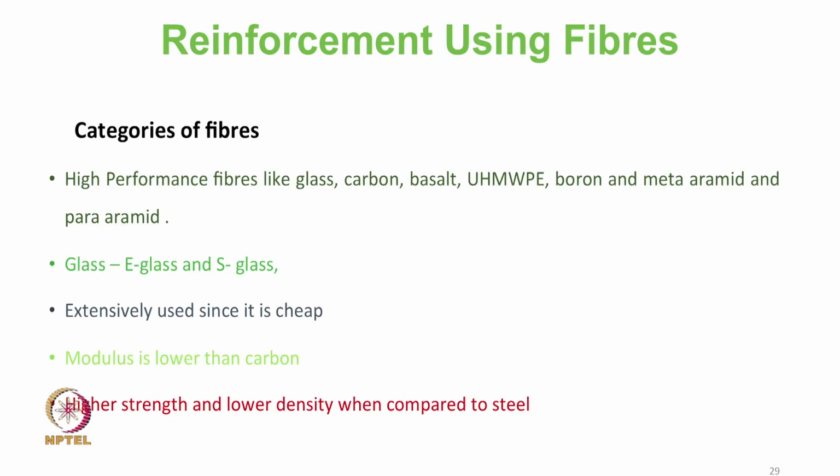The type of fibers we use, a wide range of fibers can be used for composite making. Most common fibers are glass fiber, carbon fiber or graphite, boron and Kevlar. They are used for high performance composite applications.